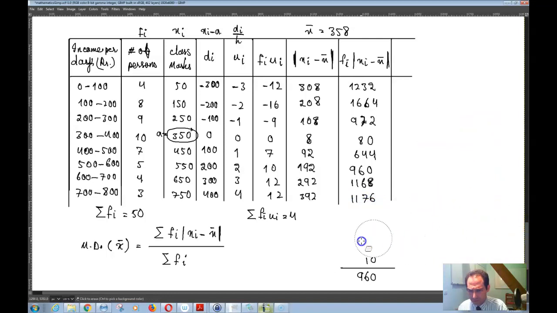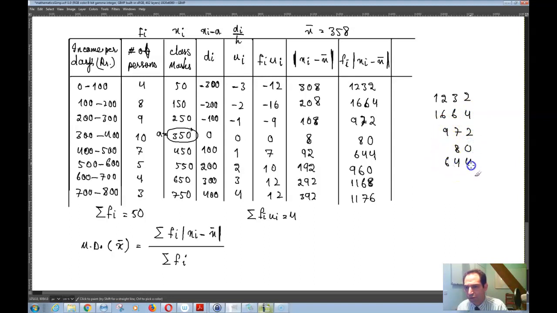So you have all of these numbers. If you add them together, you have to write them properly: 1232, 1664, 972, 80, 644, 960, 1168, and 1176.